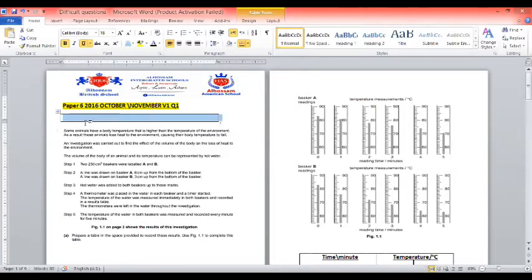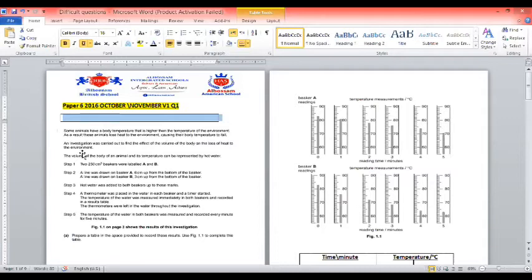In this question, it's telling you that some animals have a body temperature that is higher than the temperature of the environment. As a result, these animals lose heat to the environment, causing their body temperature to fall. An investigation was carried out to find the effect of volume of the body on the loss of heat to the environment.